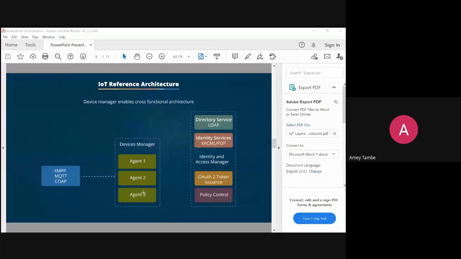Now why have I raised this query, that there can be a situation where there is a new protocol and no reference in the device manager? Because that is happening: IoT is not that old a field, and it is not a very new field. It is a moderate-level field where a lot of R&D is going on.